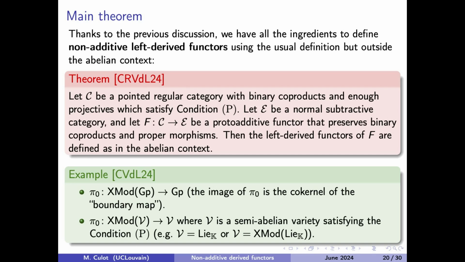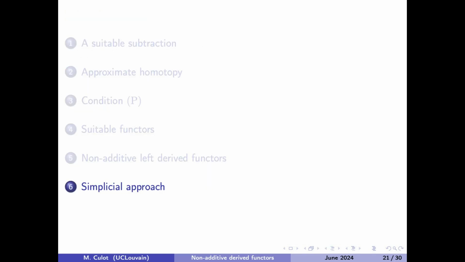The previous speaker talked about pi_0, so we will not recall it, but here we can consider pi_0 from the category of crossed modules of groups, and then we asked ourselves if it was possible to do it for any semi-abelian variety. In variety theory, that is the case, but we need this variety to satisfy P as well. And so, for instance, we can take V as Lie algebras, but we can also iterate this construction. So we can have crossed modules of crossed modules of crossed modules and so on and so on.